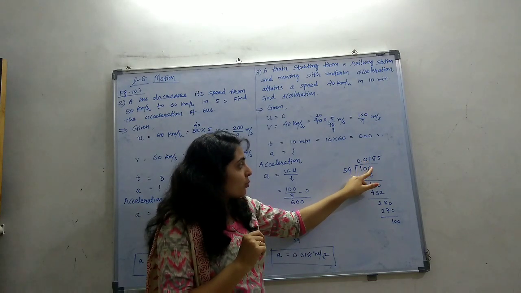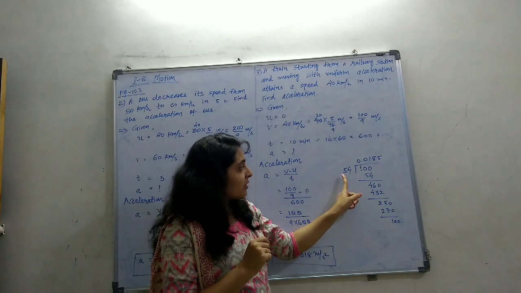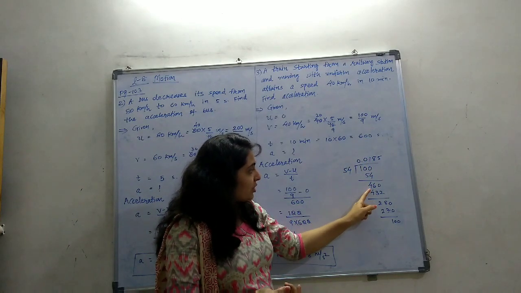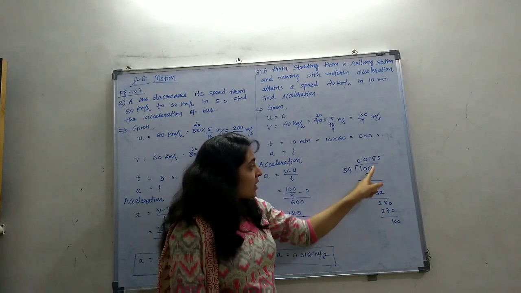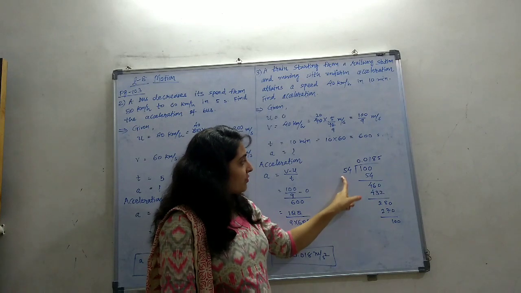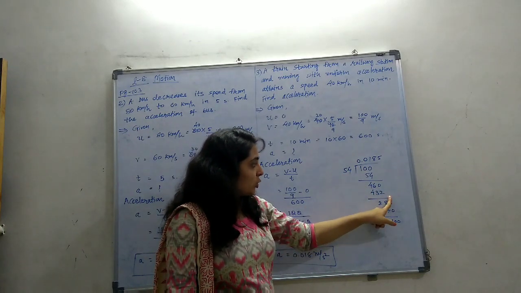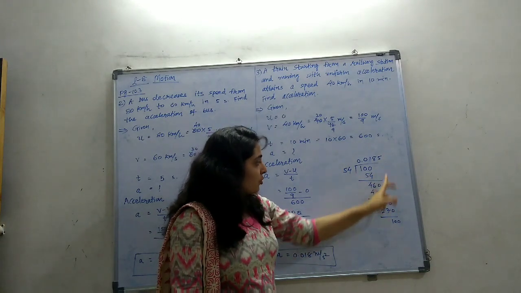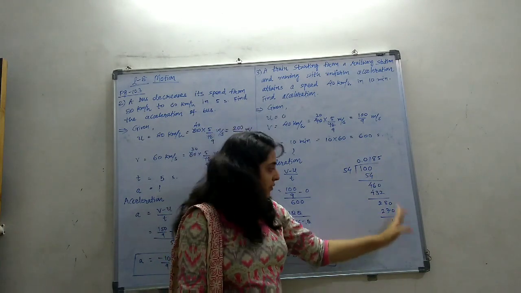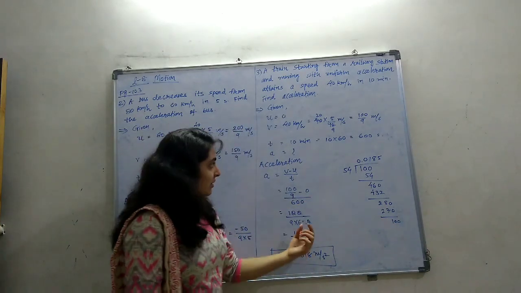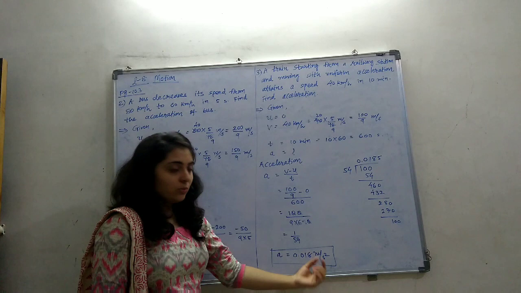So 0.0. Now it is 100. So we can divide it. 54 ones are 54. By subtraction we are getting 46. With a 0 we get 460. 54 eights are 432. We are remaining with 28. Then 0, 54 fives are 270. So this will continue. So the answer is 0.018 meter per second square.